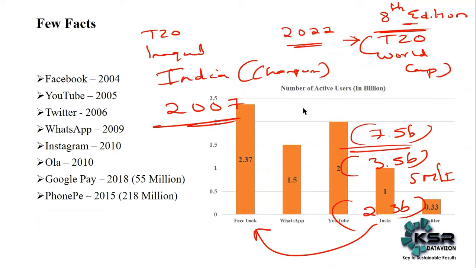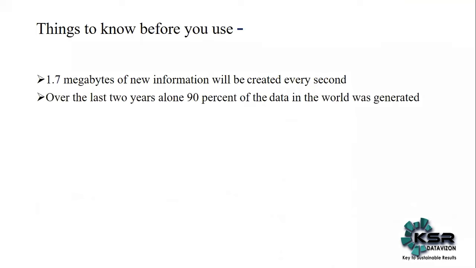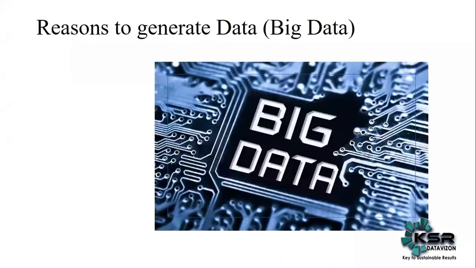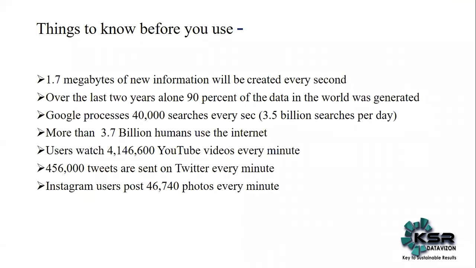We'll talk about a bit of stats. Let's break it down more deeply. Every second, 1.7 megabytes of information is getting generated. I'm talking to you for the last 30 minutes.